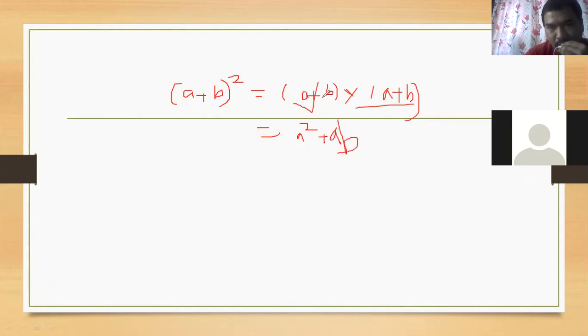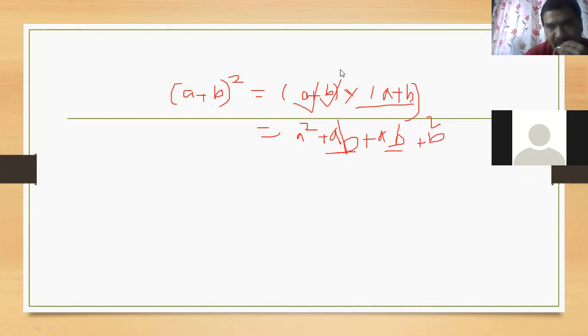Similarly, when you multiply plus b into a, this is also ab. And plus b multiplied with plus b gives b square. Which terms are like terms here? This is ab, this is also ab. These two terms are like terms.